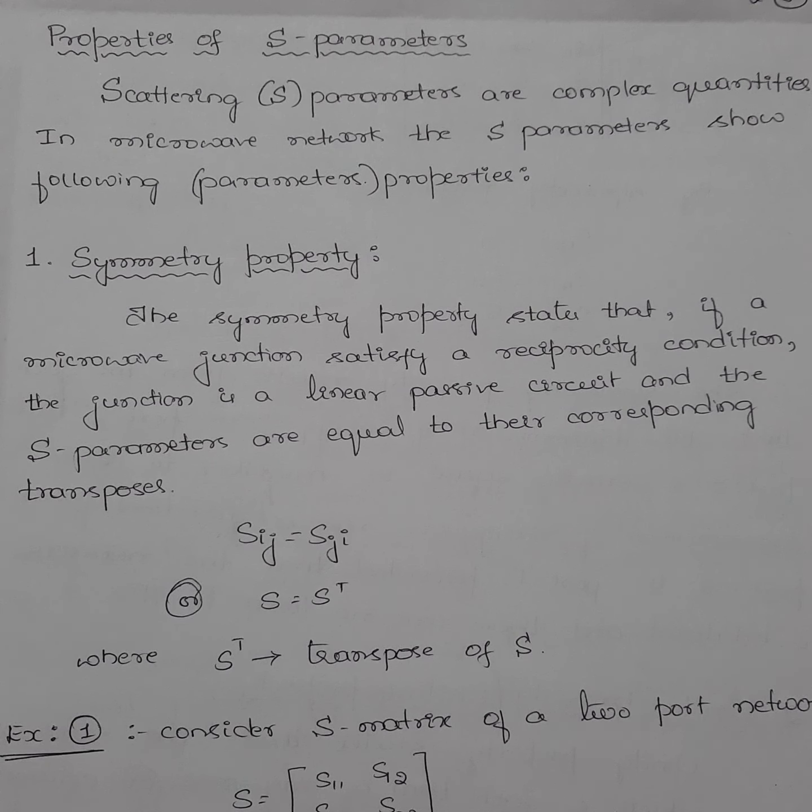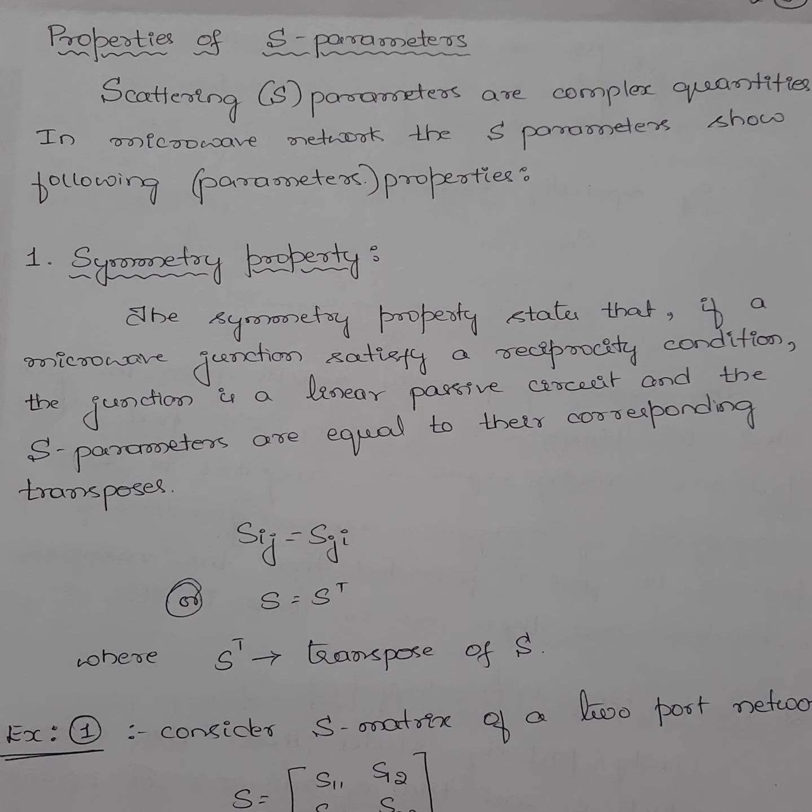If a microwave junction, we are talking about the junctions here. In previous classes we took the two-port network, with junction A, junction B, point A, point B, and we had a discussion based on that. So if we are considering a microwave junction, it should satisfy a reciprocity condition.